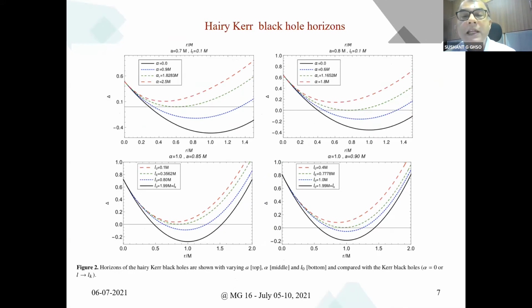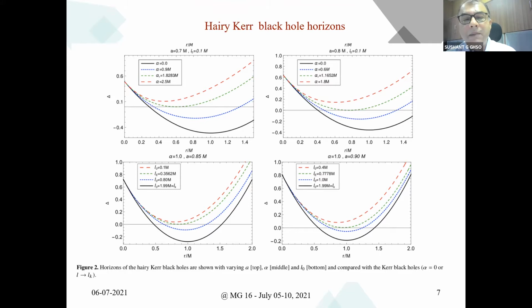So this is the plot of Hairy-Kerr black hole horizons. Now it is obviously dependent on alpha, and the lower black line in all the figures corresponds to the Kerr case, which is the limiting case. So we can see that the horizon radius decreases in the Hairy-Kerr black hole as you increase the parameter alpha or parameter L0.